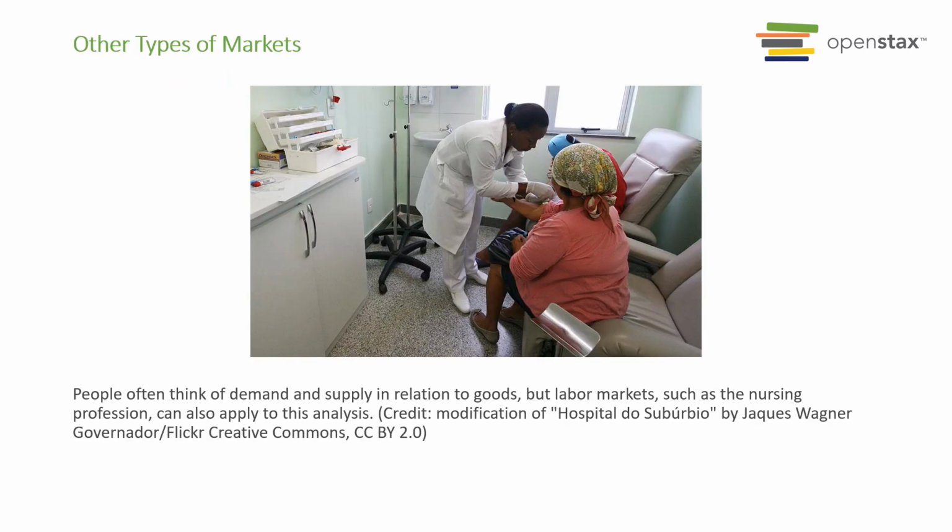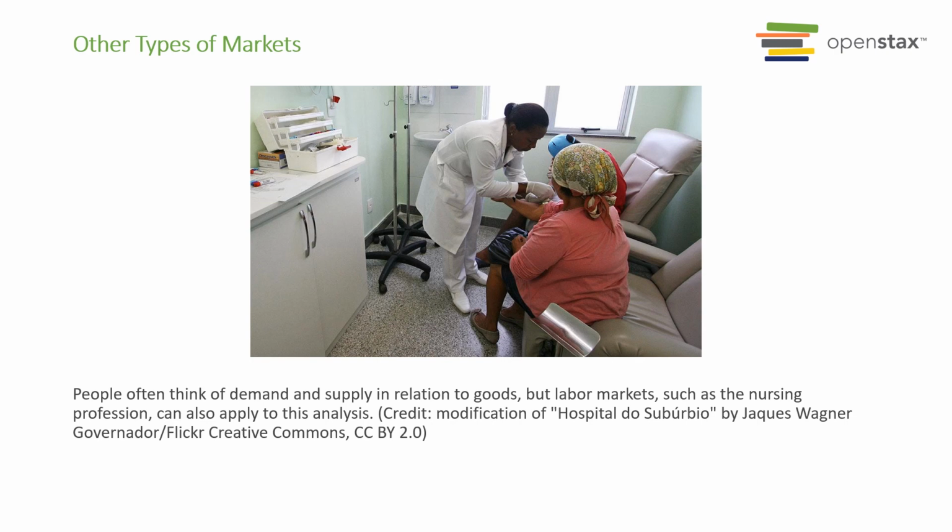Labor market: think about a hospital and nurses, right? Let's say a hospital demands nurses, but who are the nurses? They are people, your neighbors, your friends, your family. In the market for goods and services, we used to think of demand as on the consumer side and supply as on the business side.